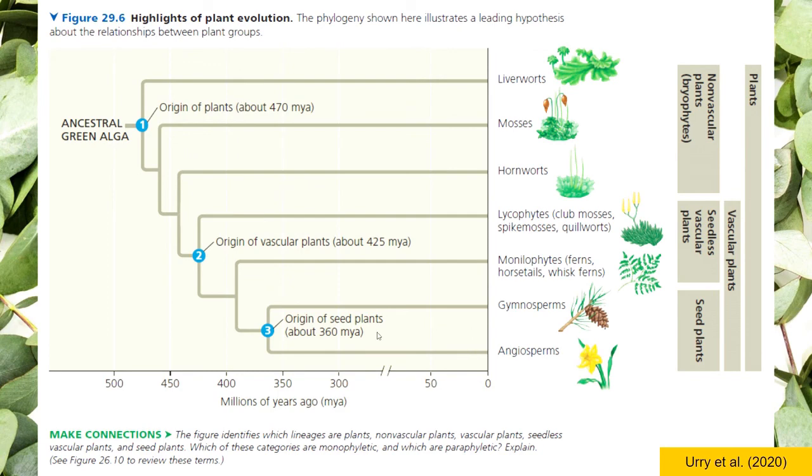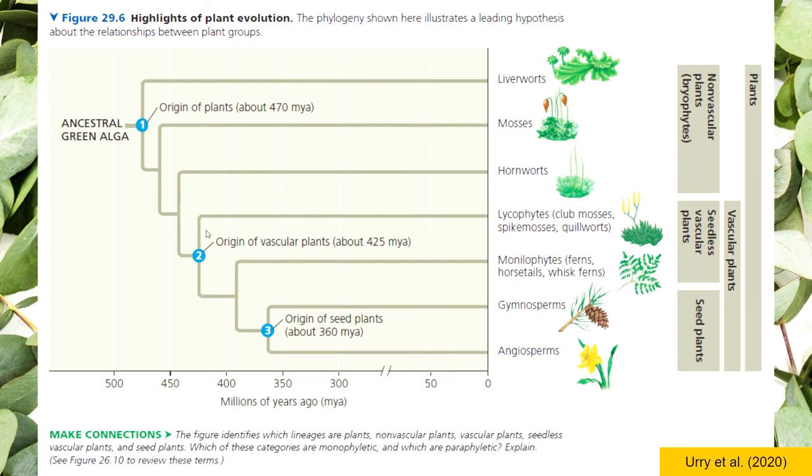This shows us again the highlights of plant evolution. All plants we already know have an ancestral green alga about 470 million years ago, and eventually it split off into different groups. You have your non-vascular plants, the liverworts, hornworts, and mosses.